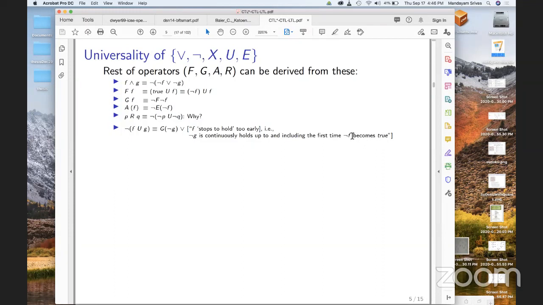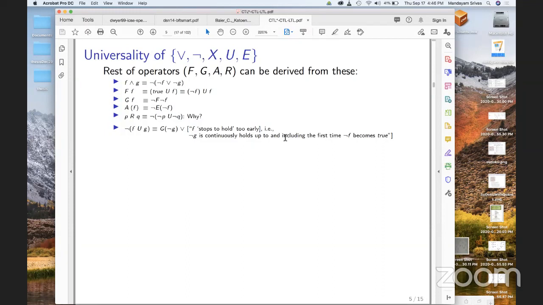That is, F becomes false. So while G is still false, F becomes false.